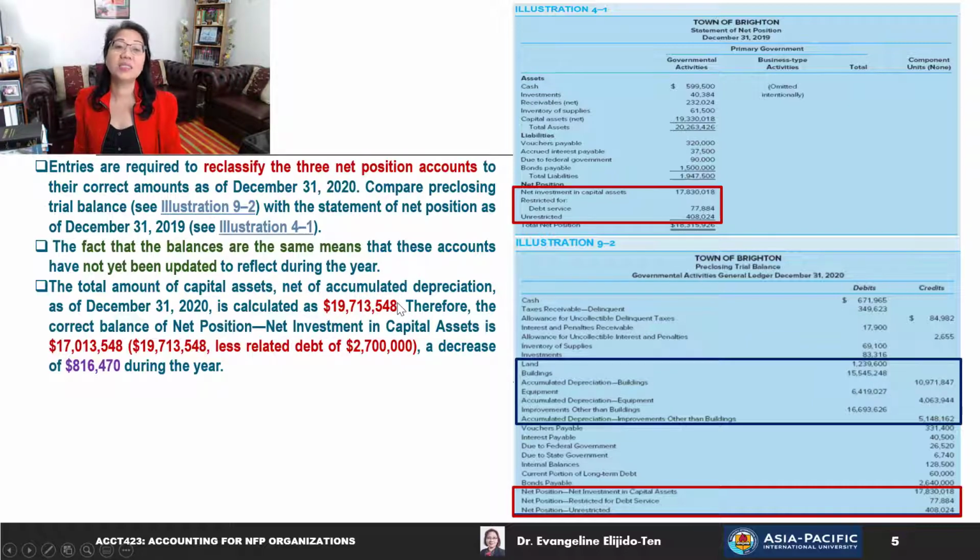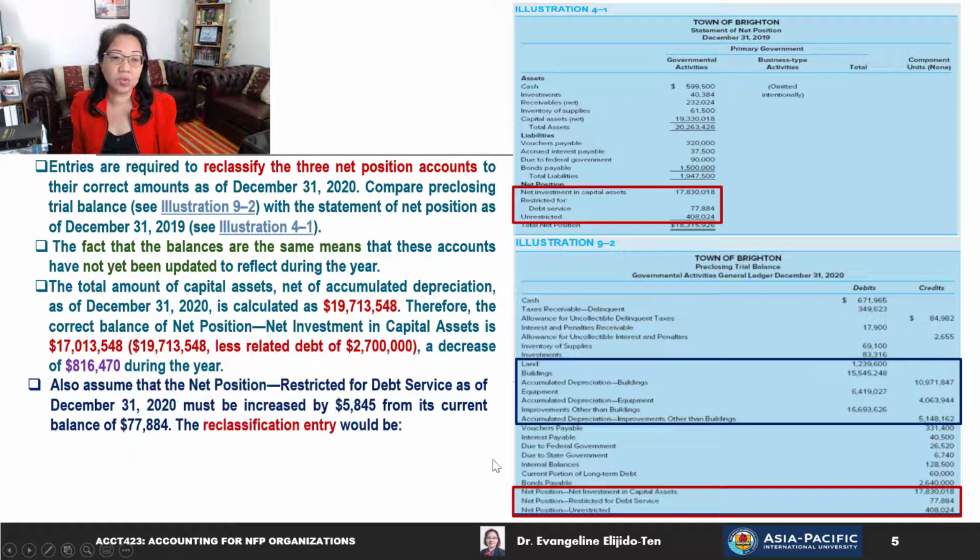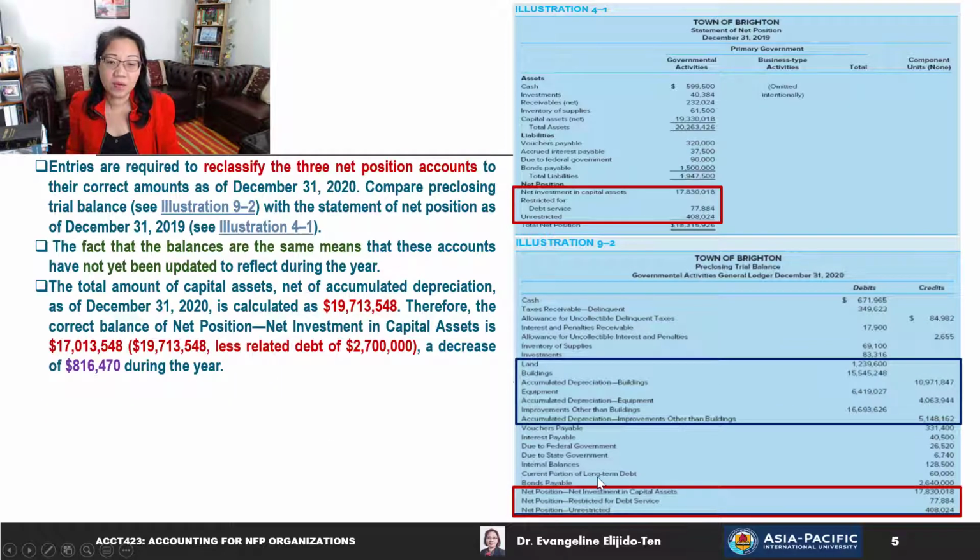19,713,548 minus the related debt. All right. The debt that is related to it is actually this one here. The current portion of long-term debt, 60,000, plus the bonds payable of 2,640,000. So that's 2.7 million in total. So if you get the difference between 19,713,548 and 2.7 million, you will get 17,013,548.